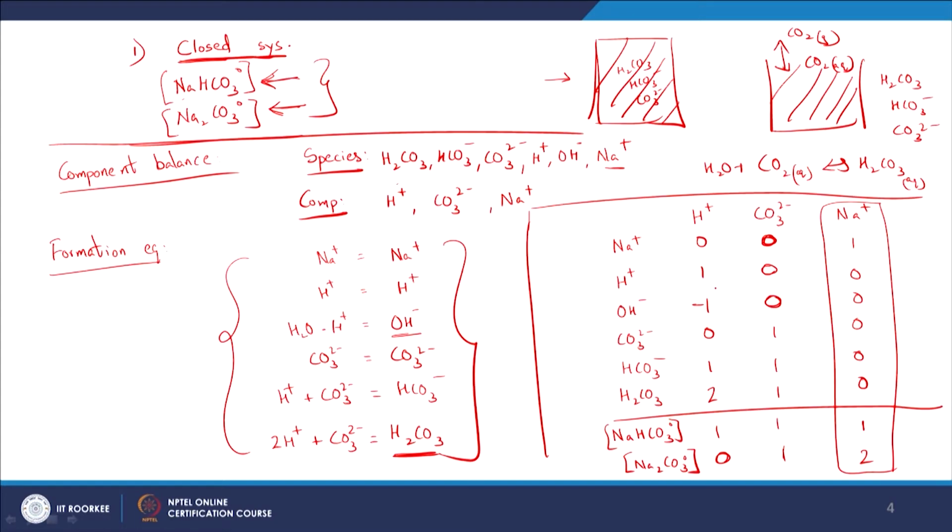So let's move on. Let me see if I can remember. So H total is going to be equal to H plus minus OH minus, and what else do we have? I believe we have HCO3 minus, and we will certainly have 2 times H2CO3, and that's going to be equal to what now?